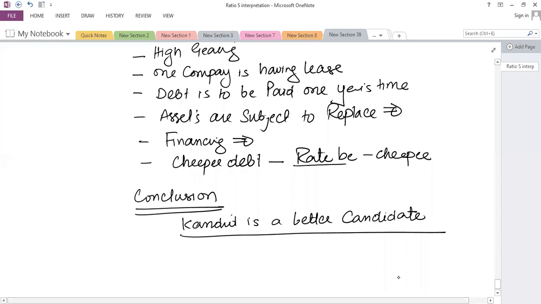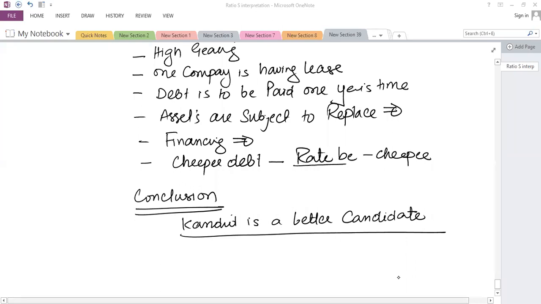You have to write why, so you can quote why. But at the end, the company's attitude towards risk, and the other factors, the non-financial information, are very important as well. So you can write in one line that we need to consider other factors as well. So this is the answer of part B.